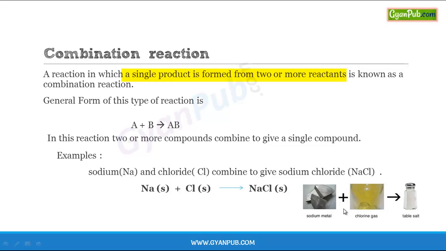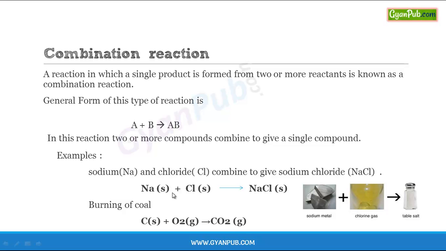Here we can see the diagram of sodium metal and chlorine gas, which combine together to give the table salt. In this equation, the S in brackets represents the physical state, that is, they are solids.